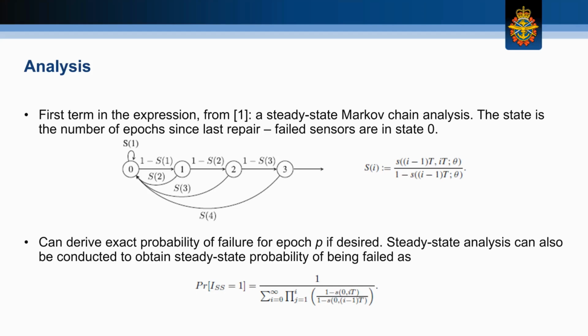So the capital S_i terms are for Bayes' theorem, basically the probability of a sensor failing given that it hasn't failed up to this point. And you can actually analytically obtain the steady state probability of being in state 0, just shown at the bottom, in terms of an infinite sum and a product there.